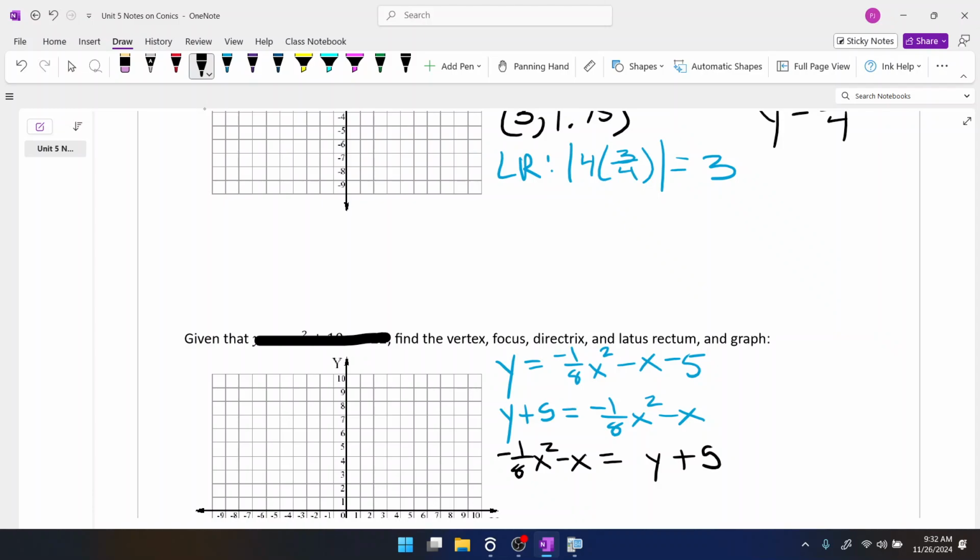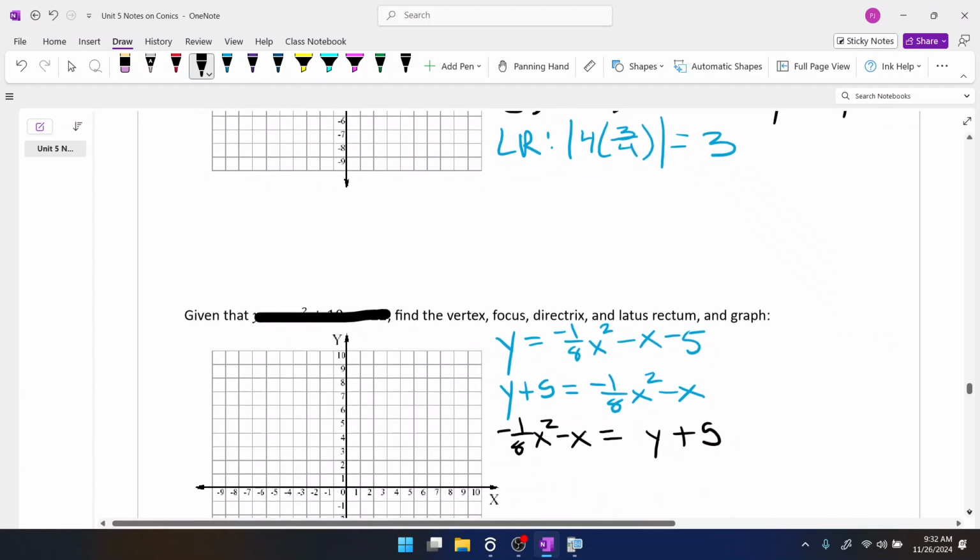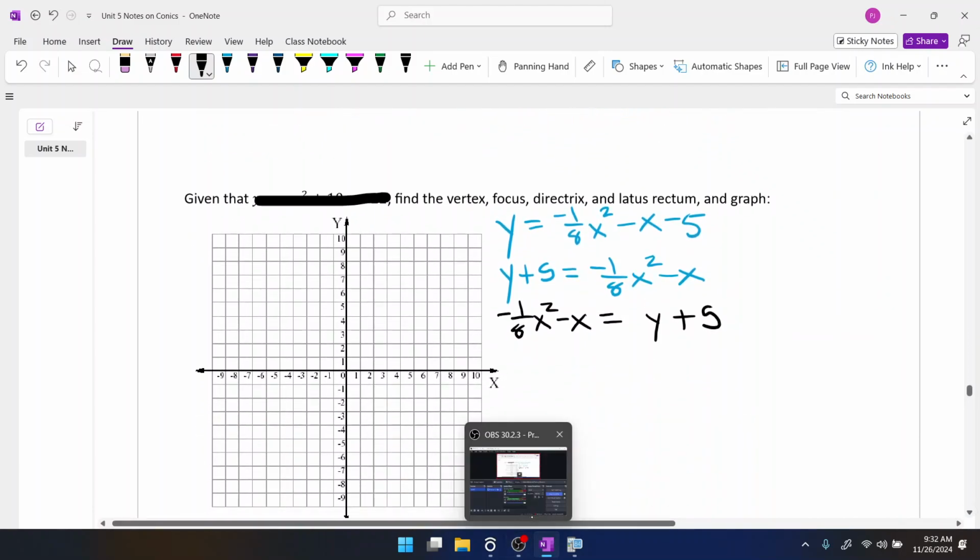So what you'll be able to do here is to complete the square for x. You'll want to factor out a -1/8, and I'll give you a couple of moments to do that. And keep in mind, you're going to be adding something to the other side as well. So I'll give you a few moments on that part.